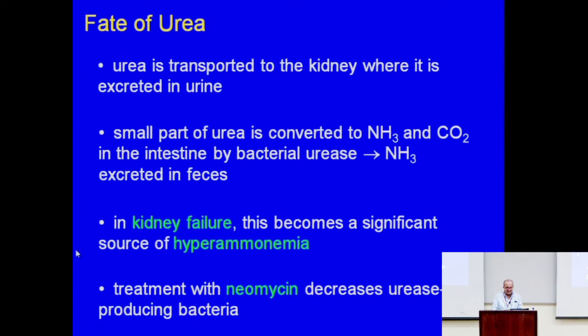So if you have kidney failure, that urea can accumulate in the bloodstream, and the breaking down of the urea can result in hyperammonemia, meaning you have a lot of ammonia in the bloodstream and or urine. But the key thing here is that that is the major way we dispose of nitrogen, through urea. About 90% of nitrogen in urine is in the form of urea.